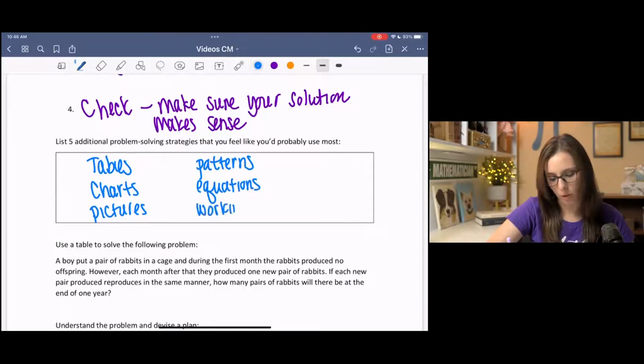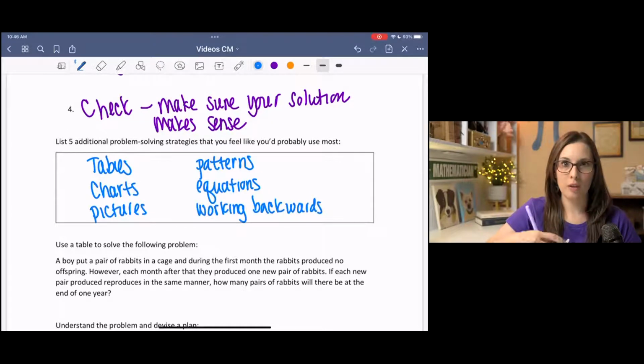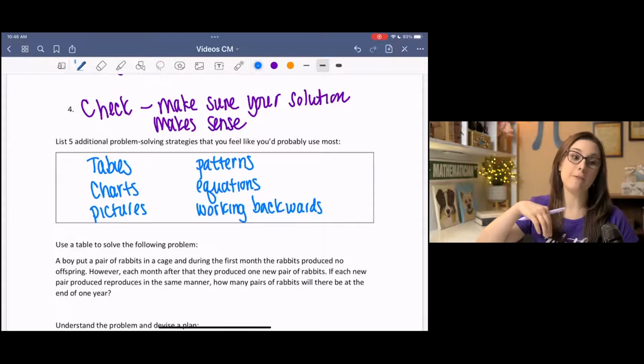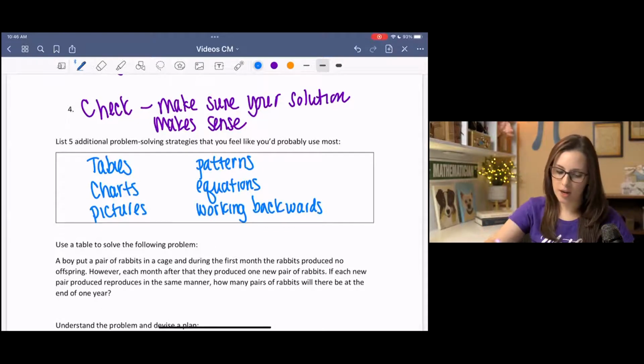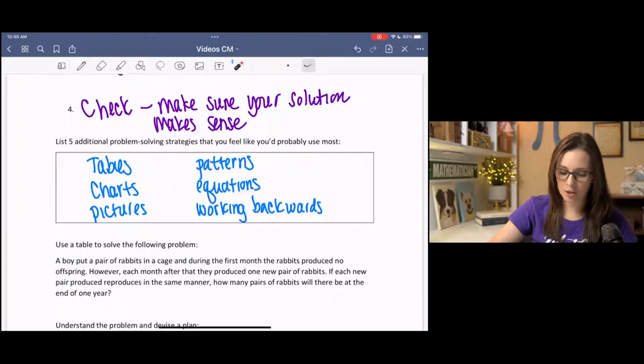There's a lot more. There's lots of lists of those, but those are the ones I use the most often. I actually used working backwards in my last video with sequences. So that's an effective one there. I like algebra, so I like to write equations, but that may not be your thing.